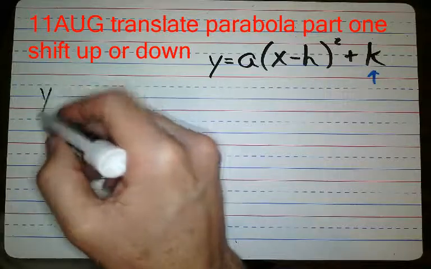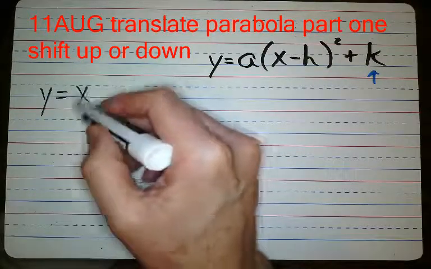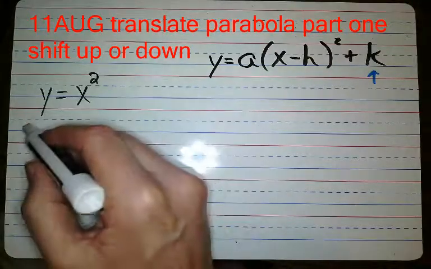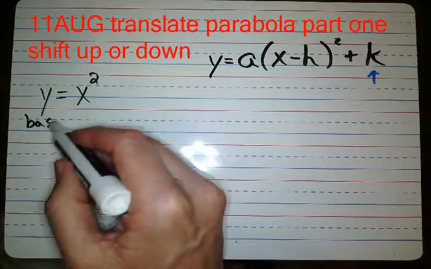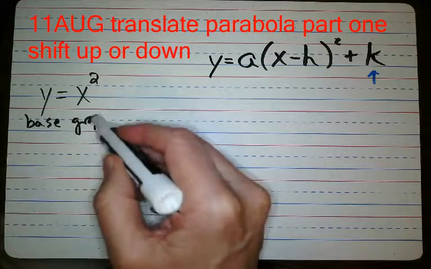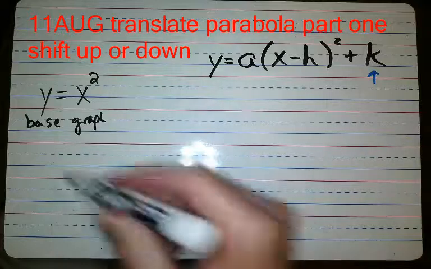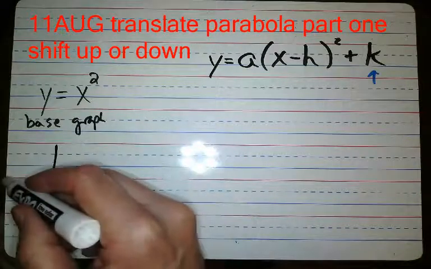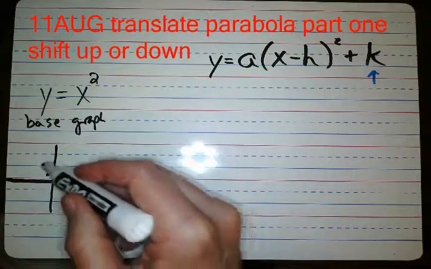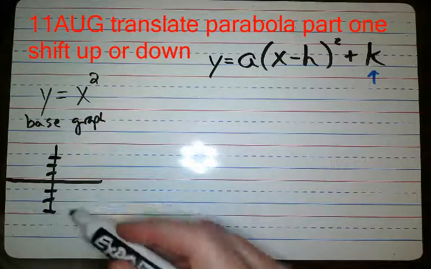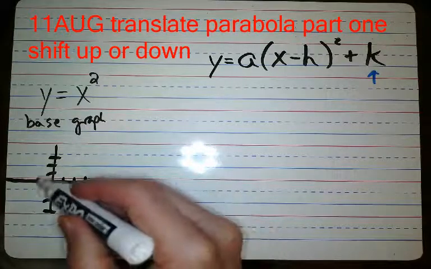To start us off, we're always going to compare to this. This is our base graph. And everything we do, we compare to this one. So I know that this one looks like this.